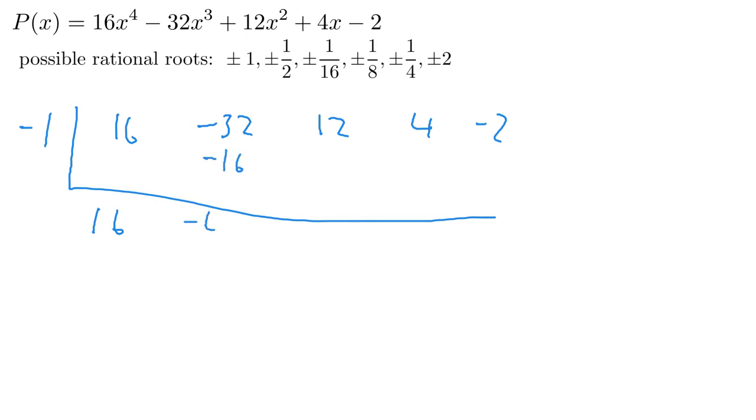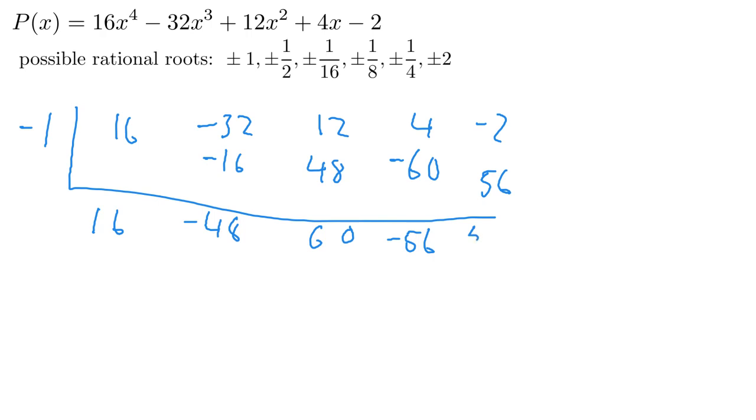Add it. -48. Multiply. -1 times -48 is +48. Add. 12 plus 48 is 60. Multiply. -1 times 60 is -60. Add it. 4 plus -60 is -56. Multiply. -1 times -56 is +56.